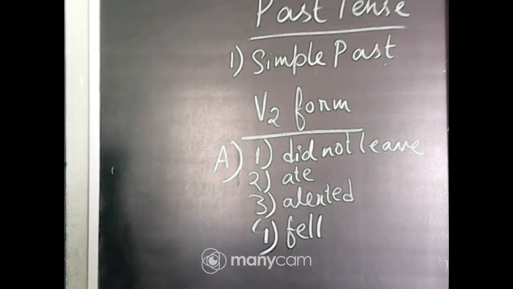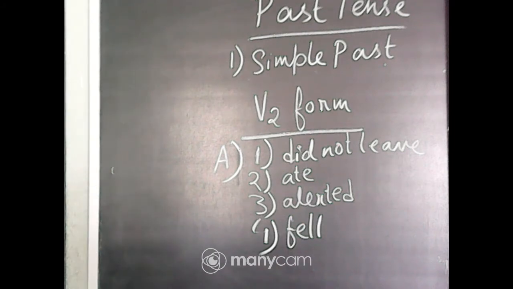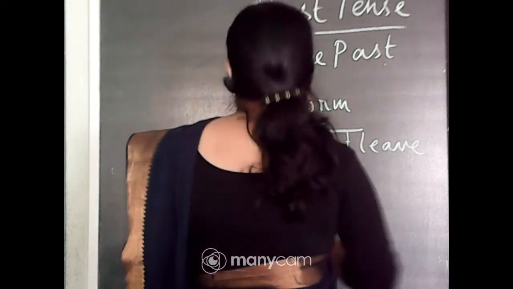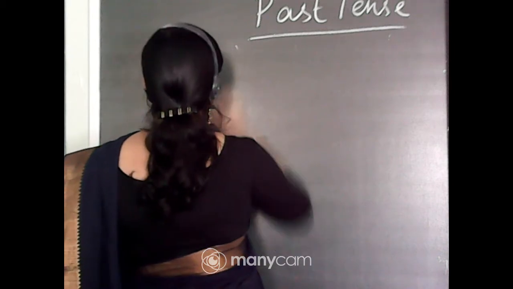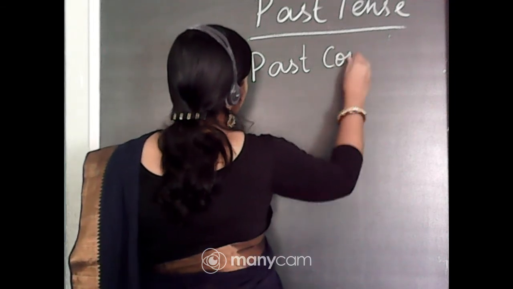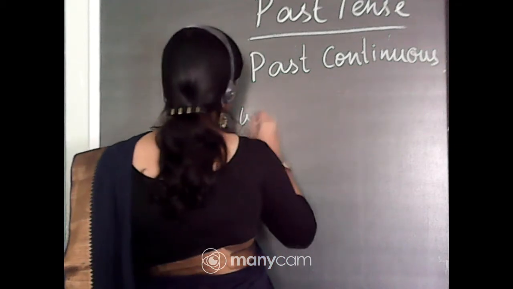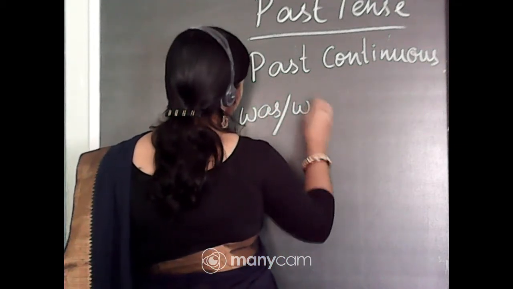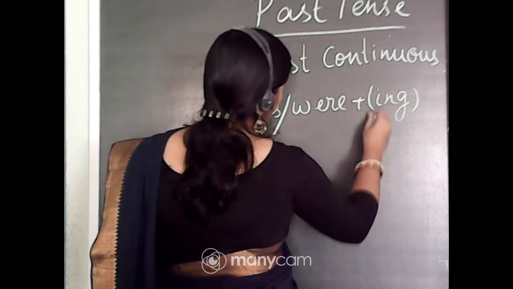Do it. Come to the next type of past tense, that is past continuous tense. Past continuous tense has the form was or were plus the ing form of the verb. Number 2 is past continuous: was or were plus ing form of the verb.